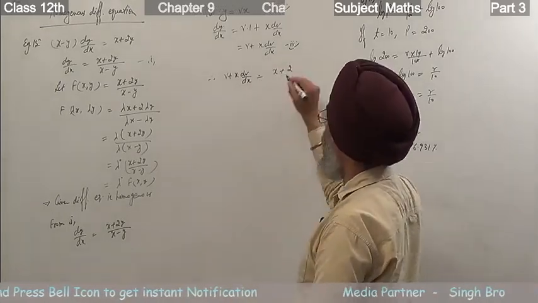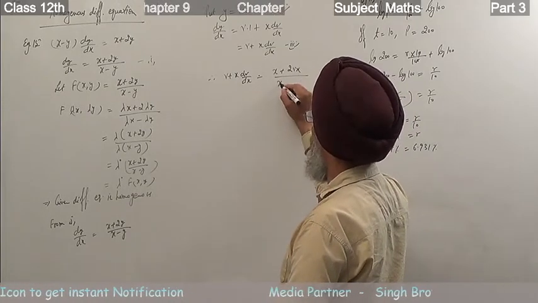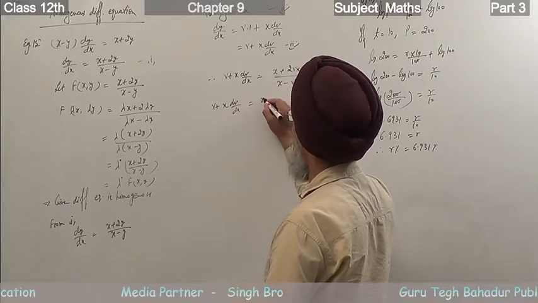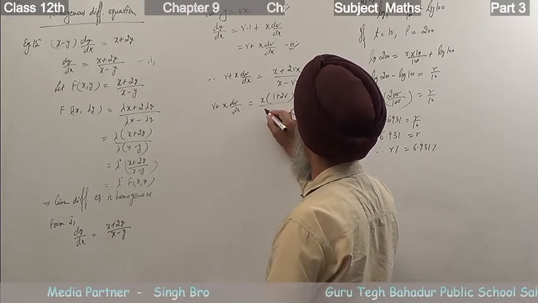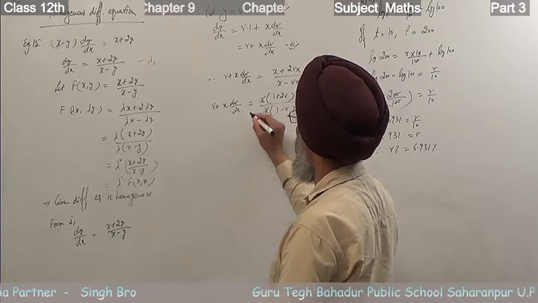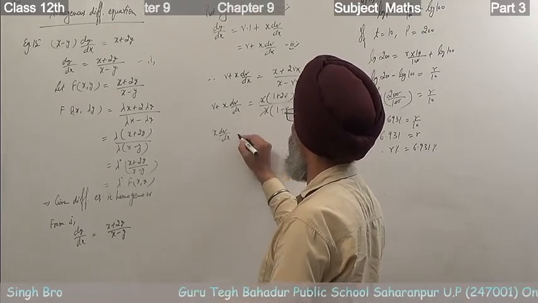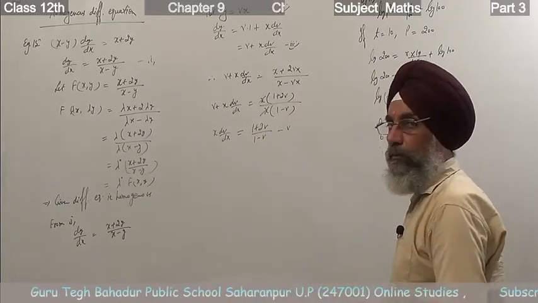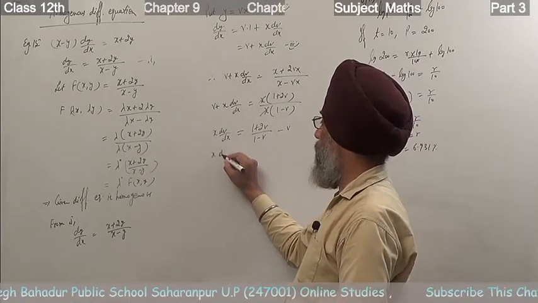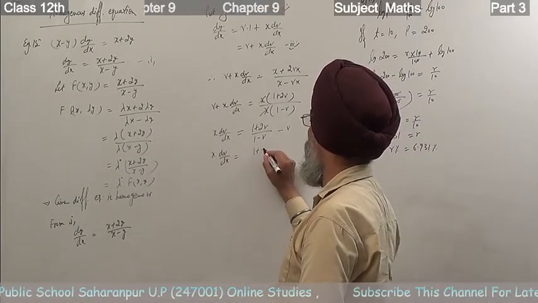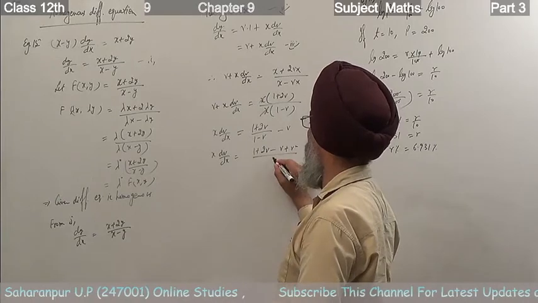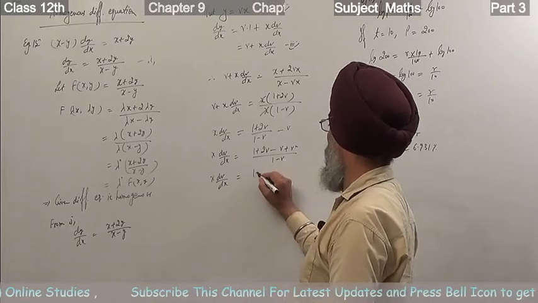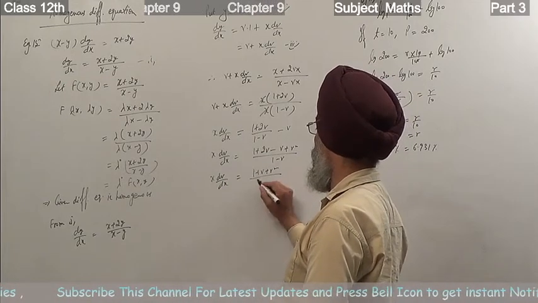In the place of y we write vx, so x minus vx, and x is common: v plus x dv/dx equals (1 plus 2v)/(1 minus v). So x dv/dx equals (1 plus 2v)/(1 minus v) minus v, which is (1 plus 2v minus v plus v²)/(1 minus v), so x dv/dx equals (1 plus v²)/(1 minus v).